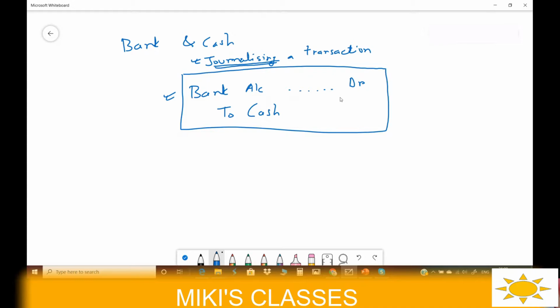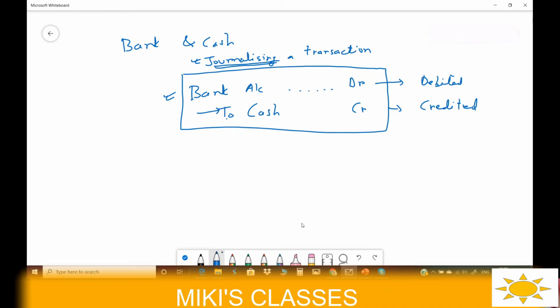And you see here I have written DR, which means debited, but I have not written CR, which is credited. Traditionally, the moment you put this 'to' and place it a little towards this side, you see bank starts from this point, but this entry starts from here.